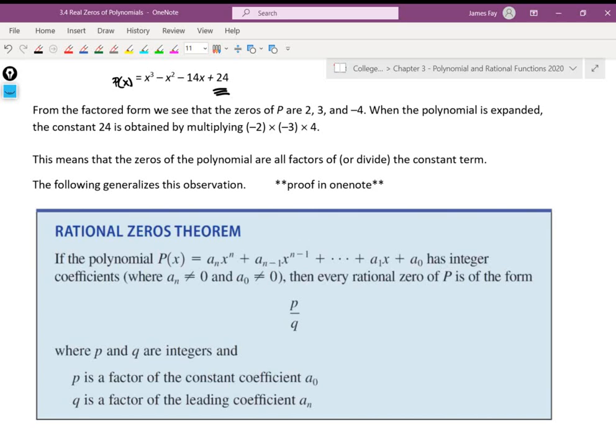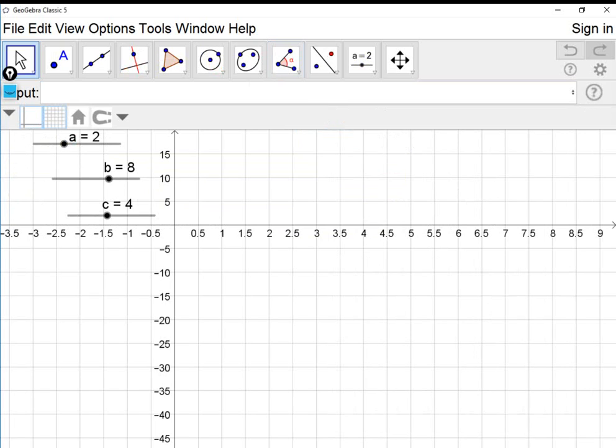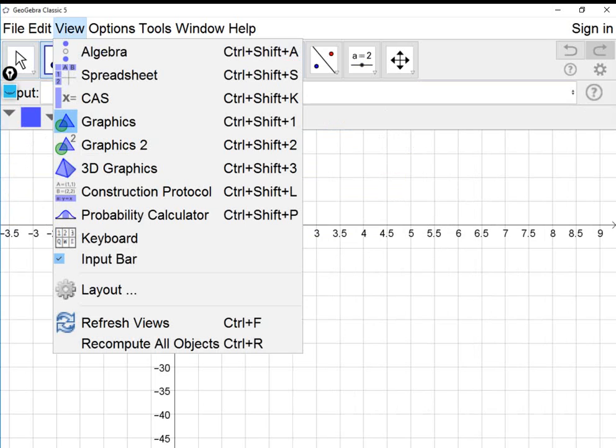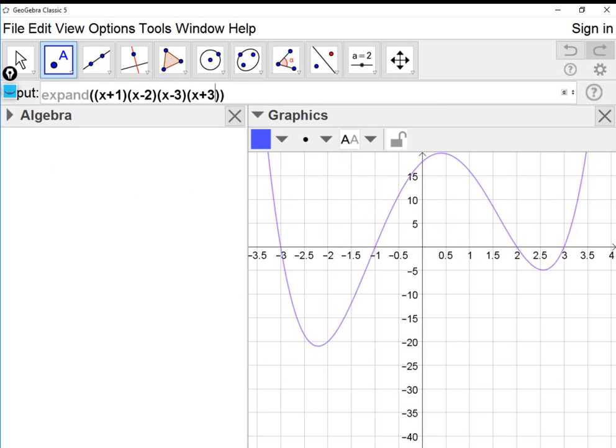That's what that says right there, right? You guys agree with that? Okay. Well, let's do this real quick. Let's say that I've got, and you may at some point have to do this, let's say we go, I'm going to ask it to expand, like x plus 1, x minus 2, x minus 3, x plus 3.